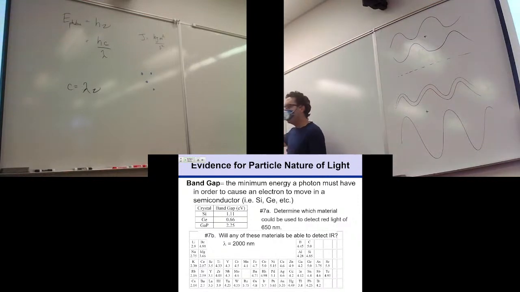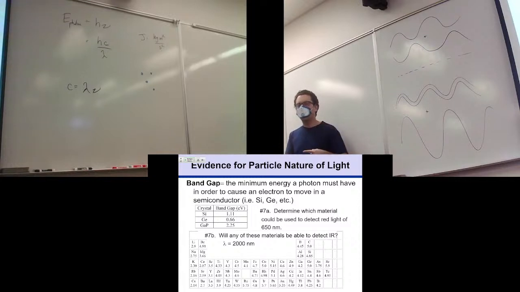Now, a semiconductor is actually not something that is partially conductive. It is not conductive normally. So if I take a piece of silicon and try to conduct electricity through it, it won't conduct. But a semiconductor is interesting because if I give it some energy, like heat it up, it'll suddenly become conductive.